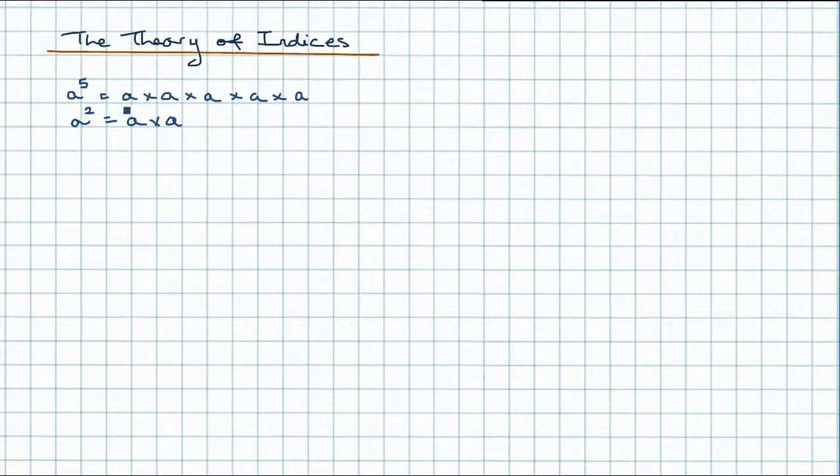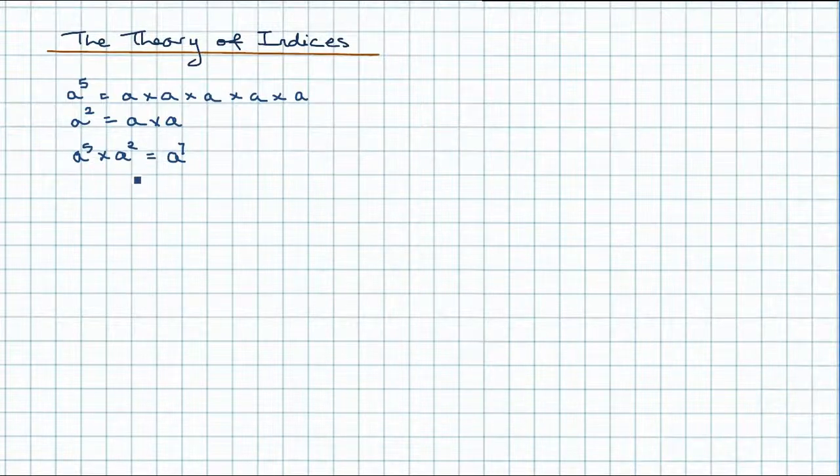If we multiply these together, then you're going to have a times a times a times a times a times a times a. In other words, a to the power 5 times a squared is going to be a to the power 7.